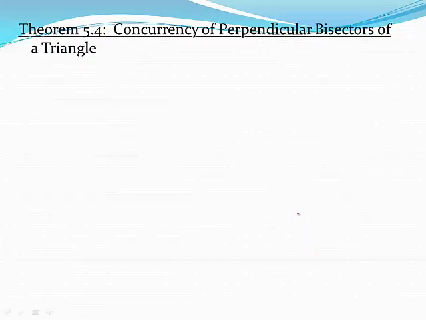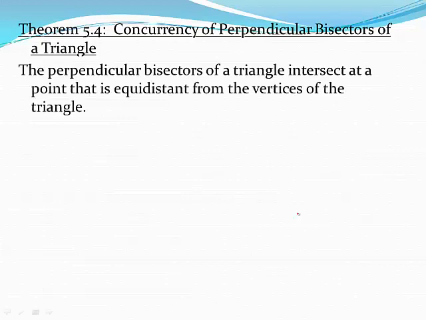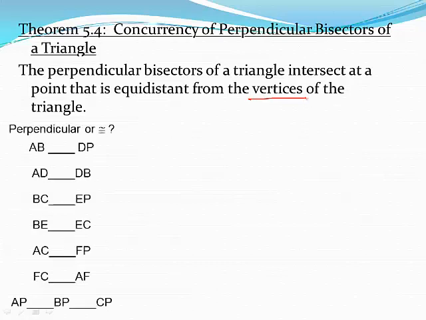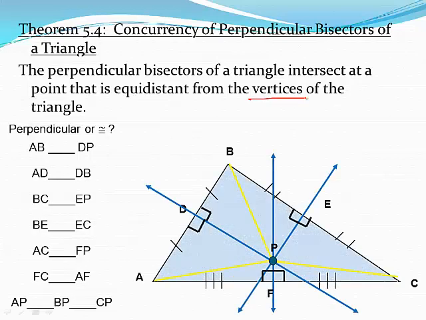So we have concurrency of perpendicular bisectors of a triangle. We just talked about perpendicular bisectors. Here's your next theorem. The perpendicular bisectors of a triangle are going to be concurrent, or intersect at a point that is going to be equidistant from the vertices of the triangle. So I have this figure here.